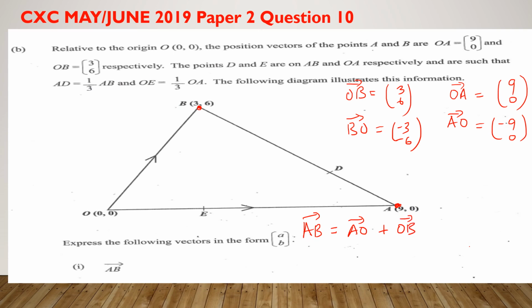So we're going to take this one here. So that is negative 9, 0 plus OB, 3, 6. We add that up and we're going to get negative 6, 6. And that's our final answer.